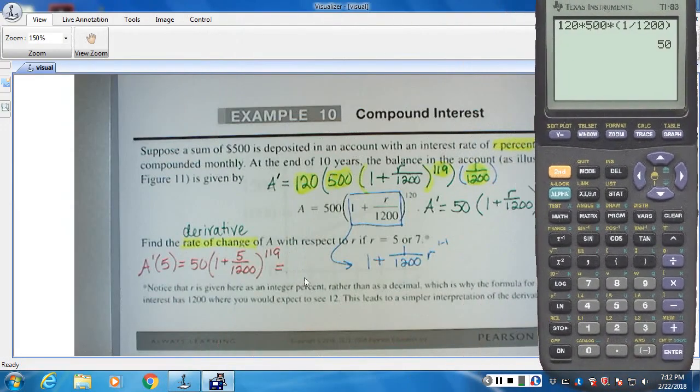Pull the calculator over here out of the way so we can evaluate that. And I'm going to start out with what's inside the parentheses. 1 plus, and since it's going to do the division before it does the addition, I'm not going to put the parentheses. 5 divided by 1,200 is 1.004, and so on, but I need to now raise that to the 119th power.